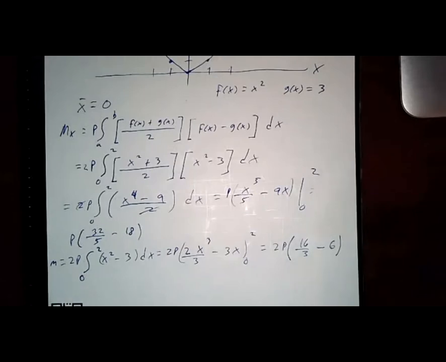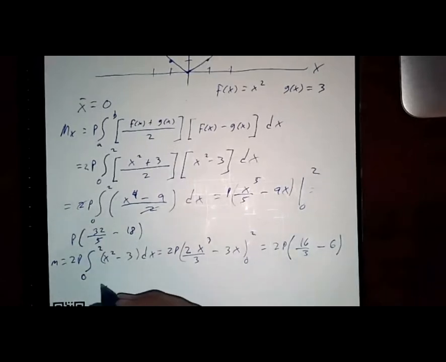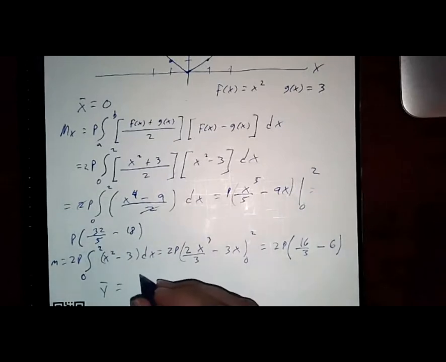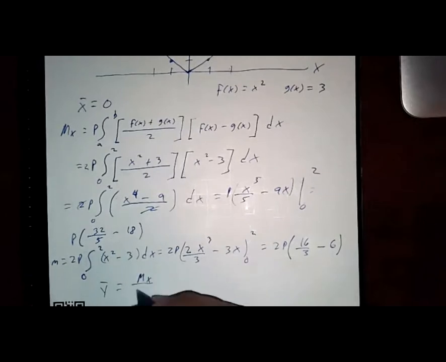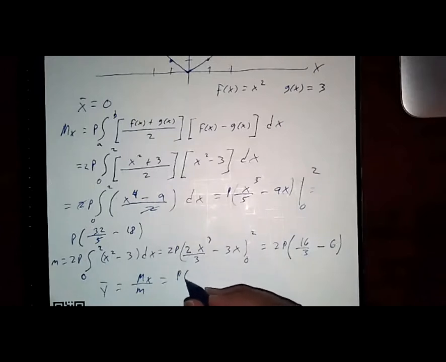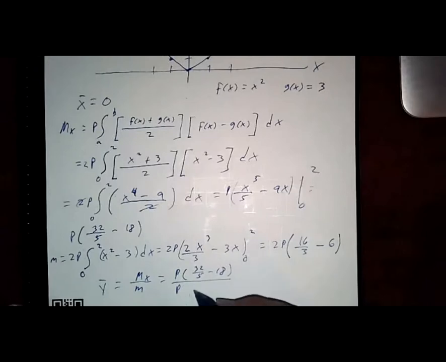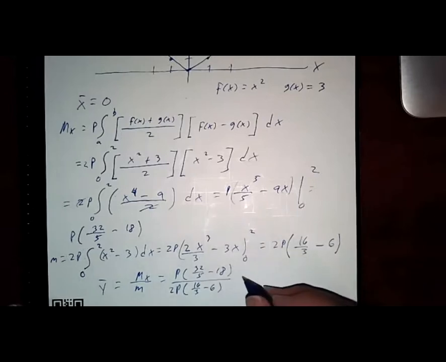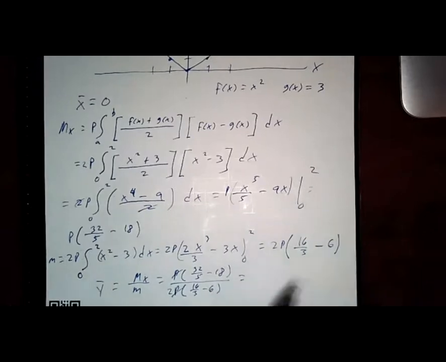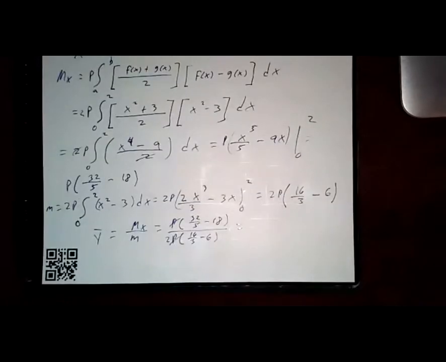Okay, so y bar would equal capital Mx divided by little m, which will be this p thing, 32 over 5 minus 18, over 2p times 16 over 3 minus 6. The p's are gone, thankfully. Let's see what the hell that is.